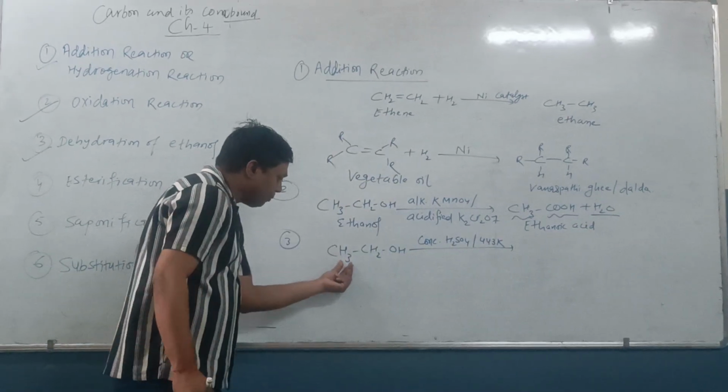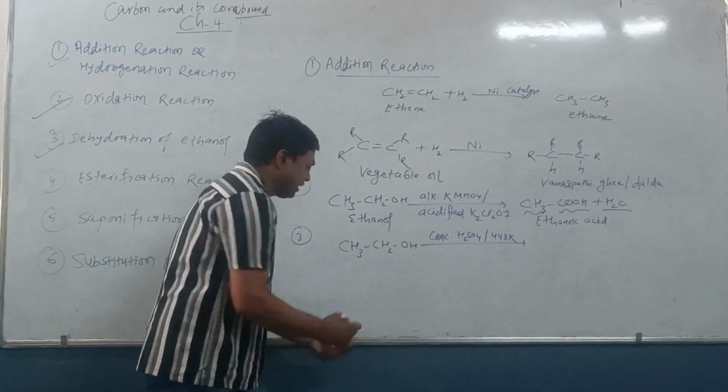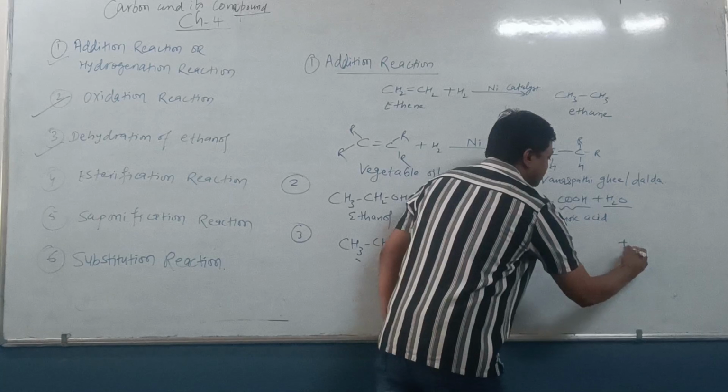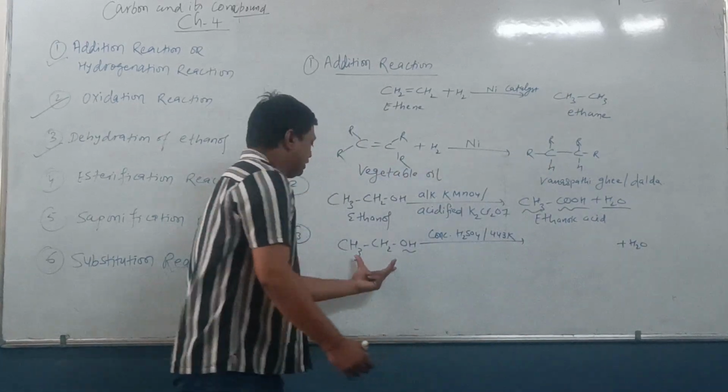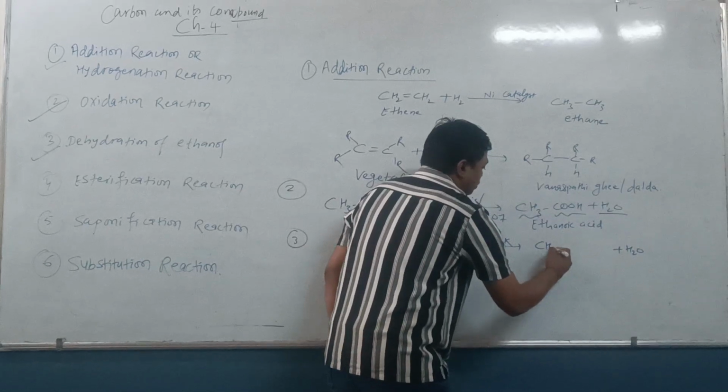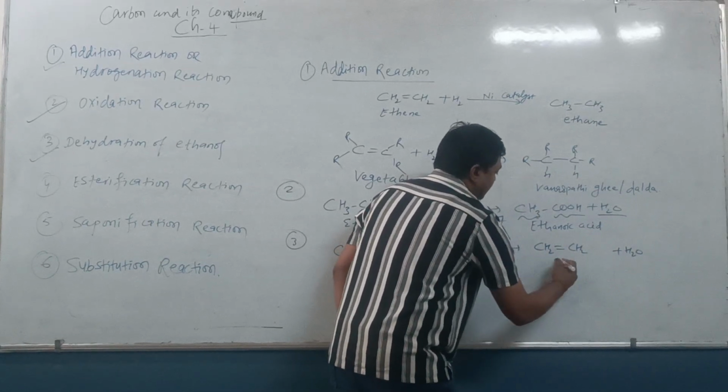H from here and OH from here is lost. It will form water, and ethanol changes into ethene, CH2=CH2.